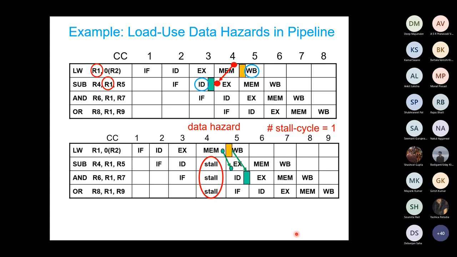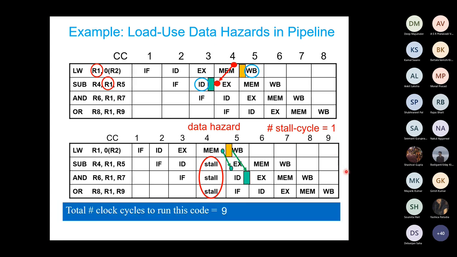The next one can be resolved using just this half cycle rule. And for the last one, nothing, because it is already written into the register file, so it can read it comfortably. So you need forwarding hardware, and at the same time one stall, and therefore this program would finish in the 9th clock cycle.